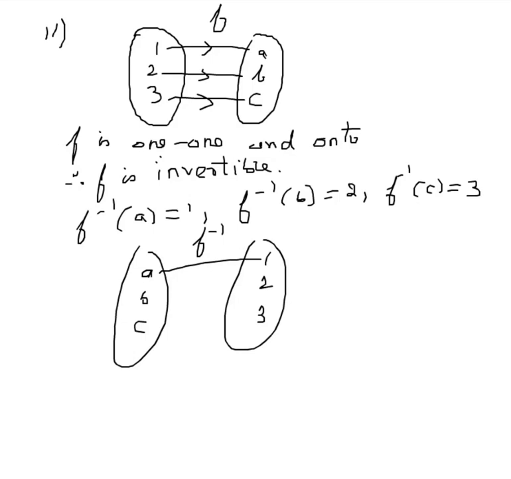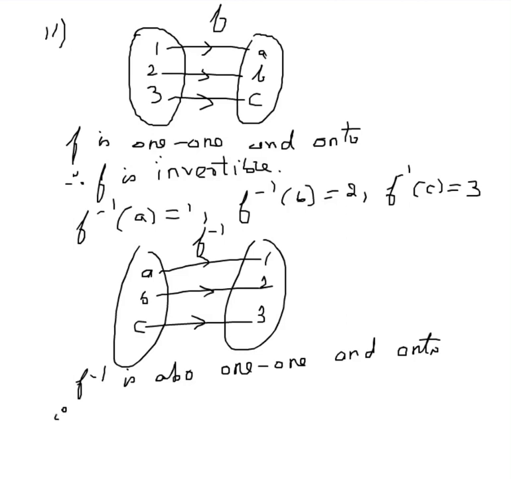A's image is 1 under f inverse, B's image is 2, C's image is 3. Now if you notice, f inverse is also a 1-1 and onto function. Therefore, f inverse is invertible.